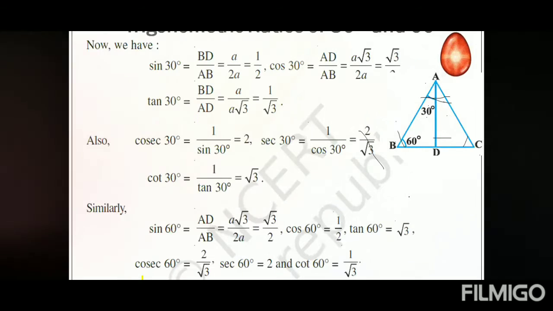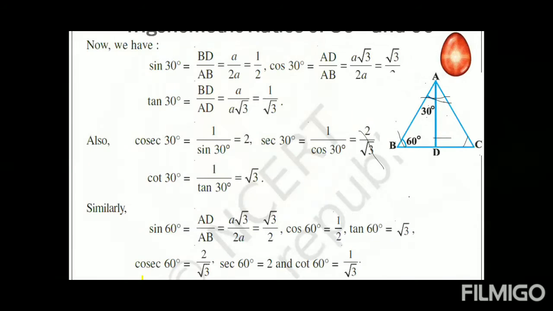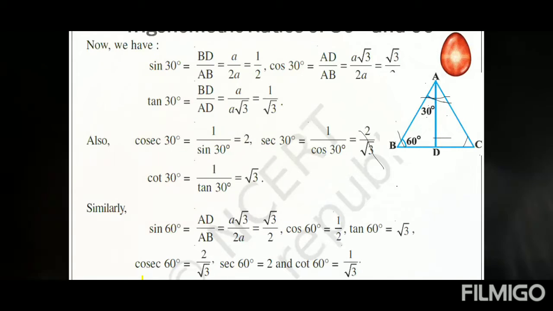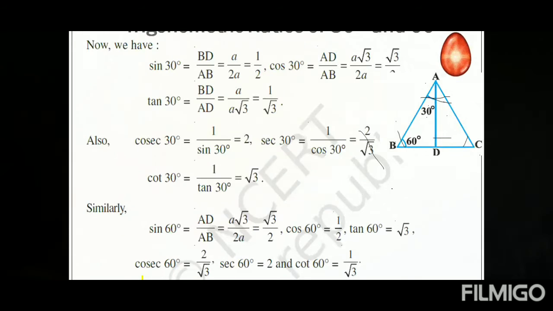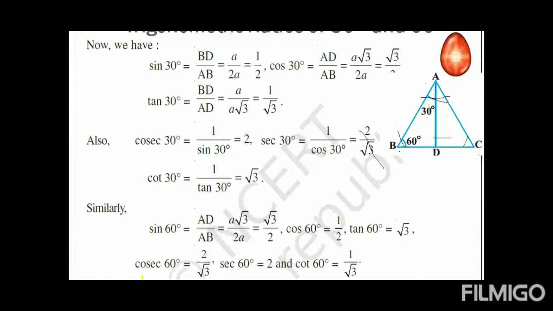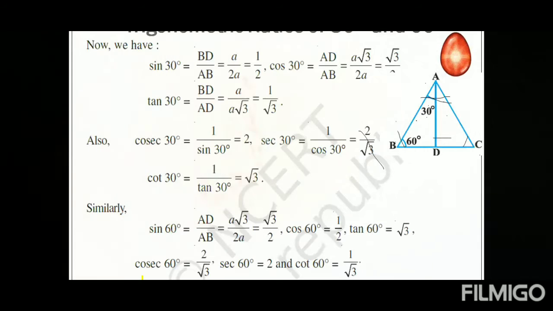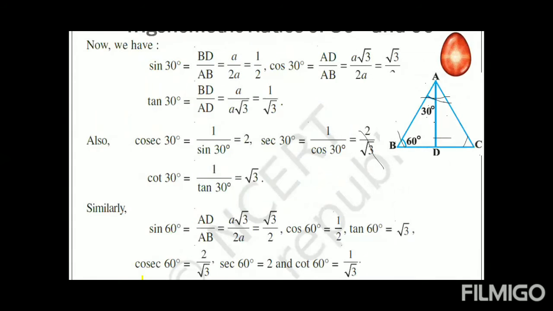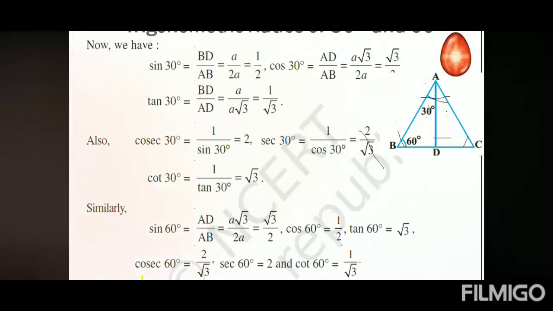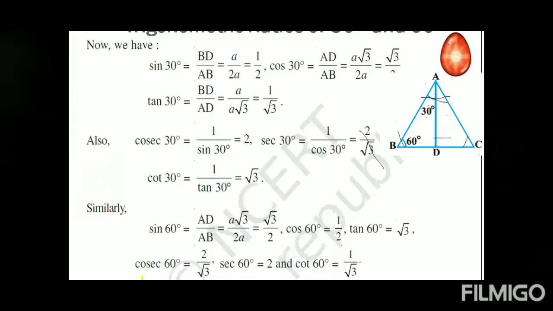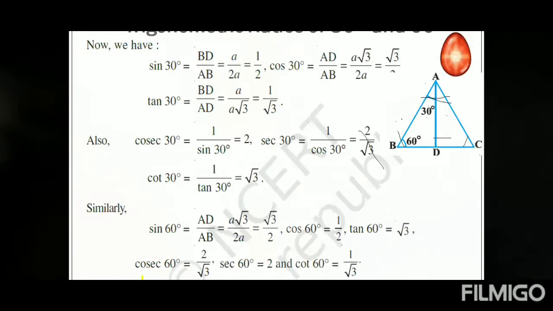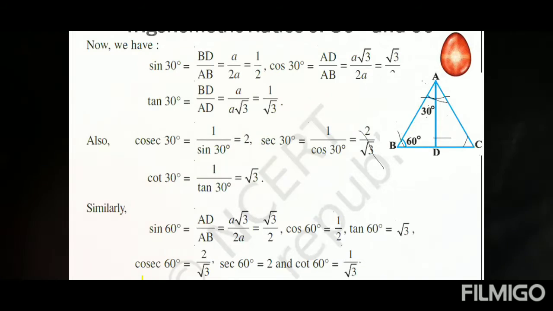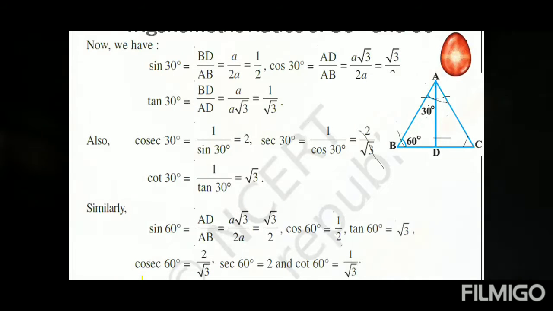As you know, for finding the trigonometric ratios, we need to know the lengths of the sides of the triangle. So let us suppose that AB equals 2a. Since AB equals 2a, BC equals 2a and AC equals 2a, because these three sides are equal as they are from an equilateral triangle.